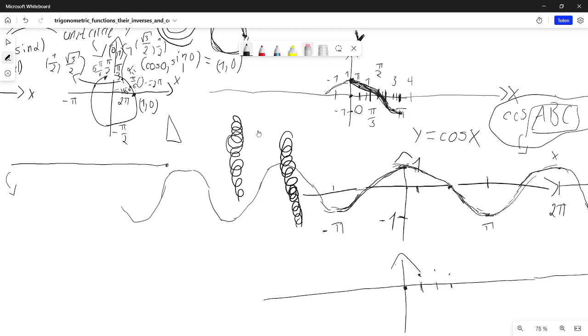Then we would have, of course, pi/2. Pi/2 would be that's pi/6, and we would have 3 pi/6, so that's exactly here. And now we would have 1/2.